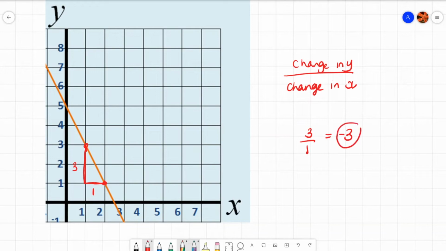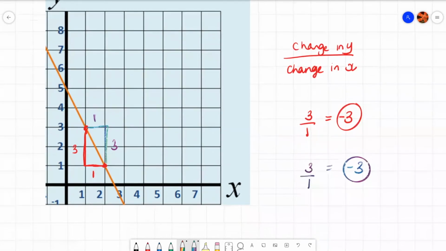Always remember to look at whether your graph has a positive or a negative gradient. I'll show you with a different colour pen if I do my triangle this way. Again, my x is 1 and my height is 3. So I would do 3 divided by 1, which is 3, but it's negative because the graph's going downhill.